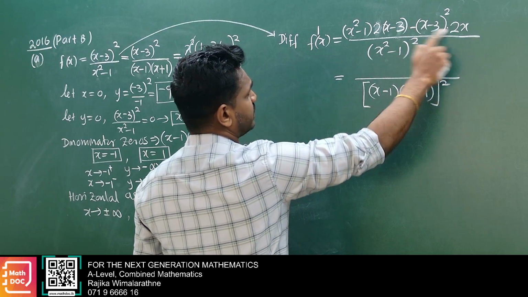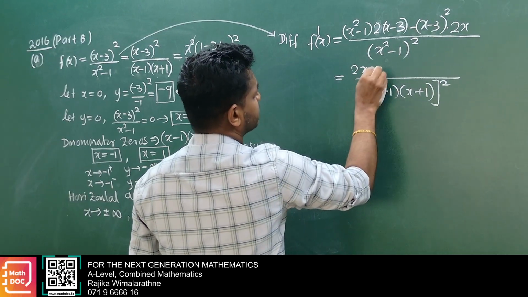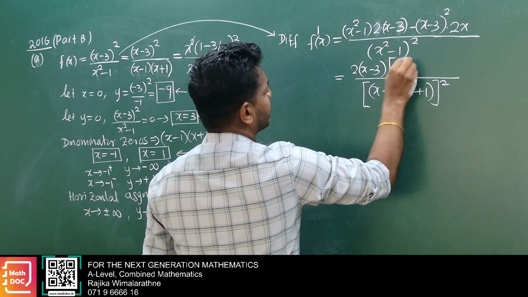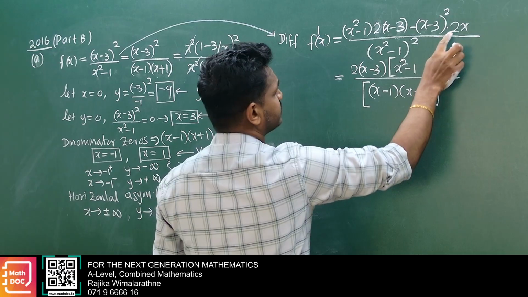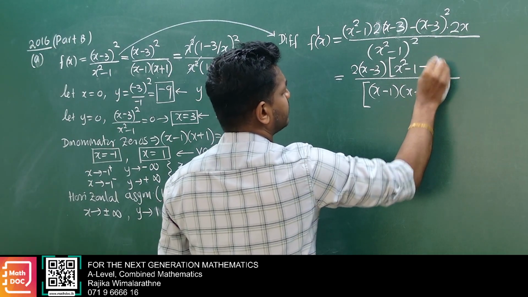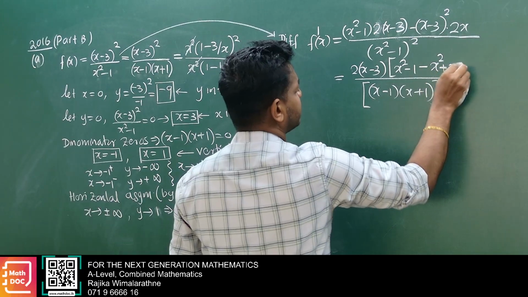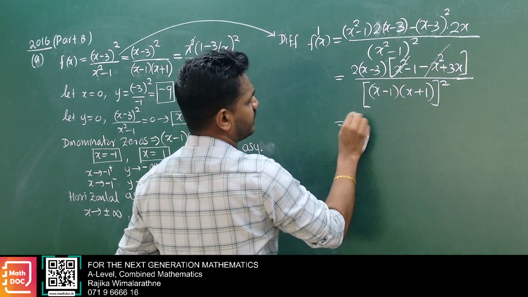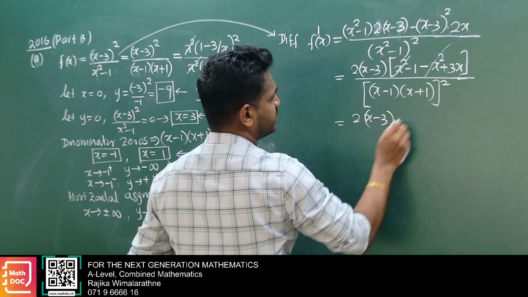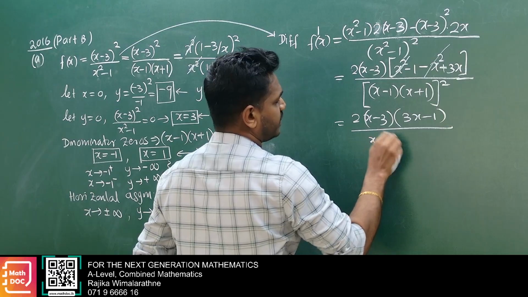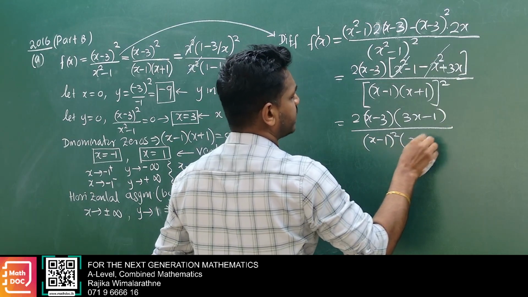Now it is okay. Take 2 times (x minus 3) common outside, then (x squared minus 1) minus (x minus 3) times 2x, then cancel: 2 times (x minus 3)(3x minus 1) over (x minus 1) squared (x plus 1) squared.